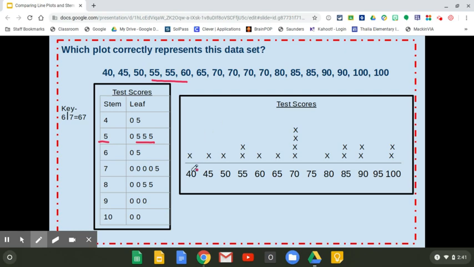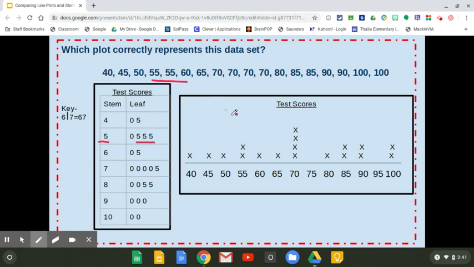Let's take a look. We had one test score of a 40. There it is. 45, I should have 1, and we do. 50 is represented with 1. We do have 1 50. Remember, we're looking for 2 55s here, and so far so good, it's correct.